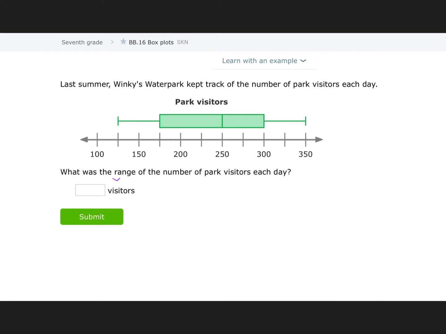What is the range? It doesn't say interquartile range, it says range. So the range is the maximum minus the minimum. The max is 350. The minimum, they didn't give to us. We have to figure it out.